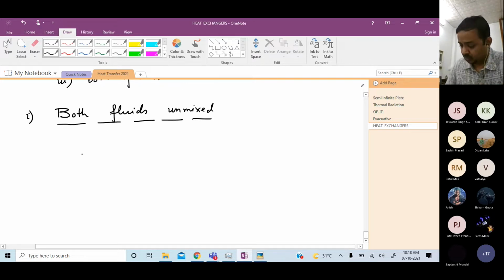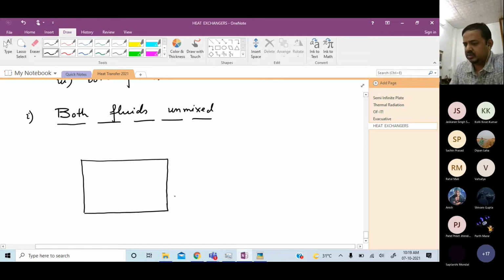What does it mean? Cross flow. Remember, this is all cross flow. Let me represent the heat exchanger by this box that I've drawn, this rectangle. Let's say the hot fluid is coming from the top. Of course the temperature will be uniform, at least that's what we will assume.